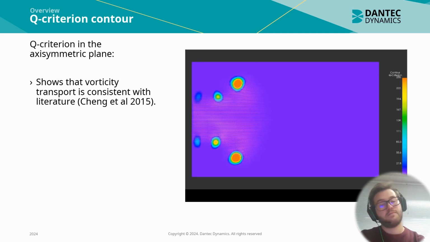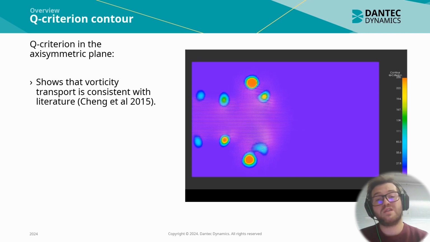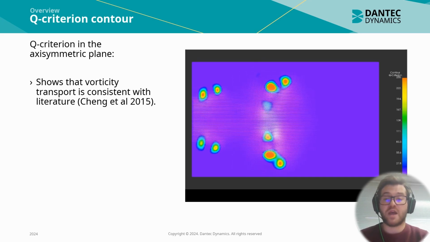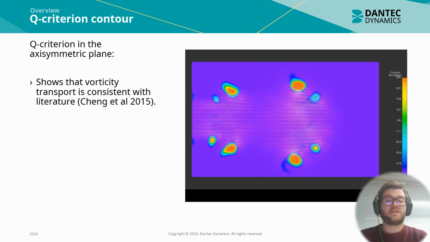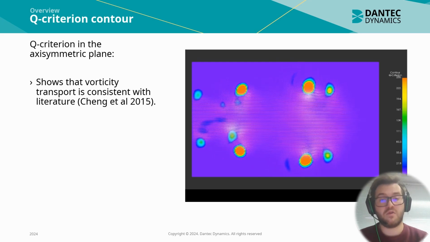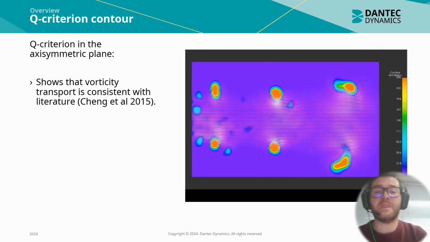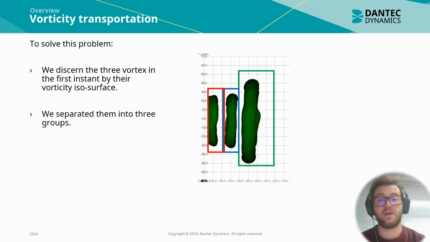However, there is a major problem, and that is we are not able to discern the behavior of the single vortices once they merge together. To solve this problem, we took the first time step where we are clearly seeing all the three vortices, and we simply separated them into groups.